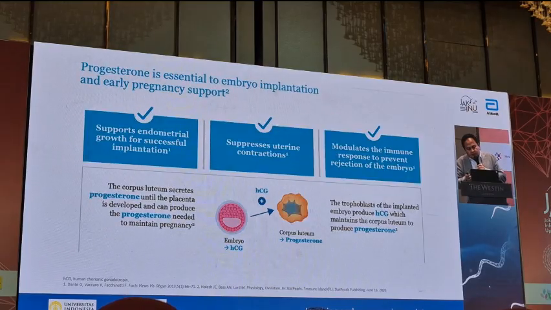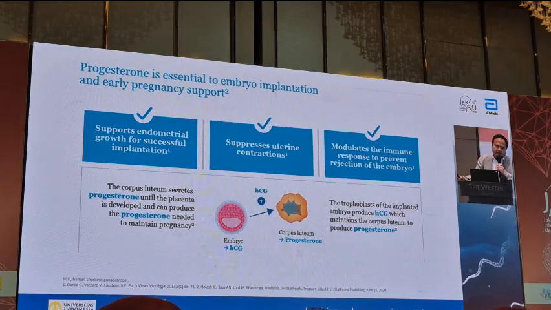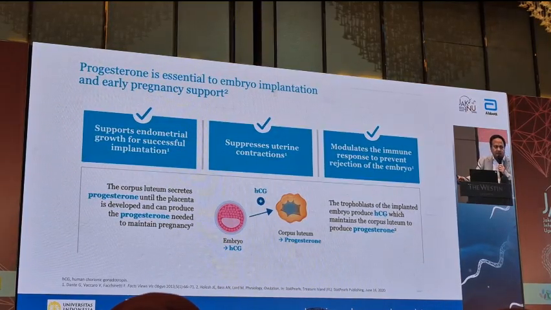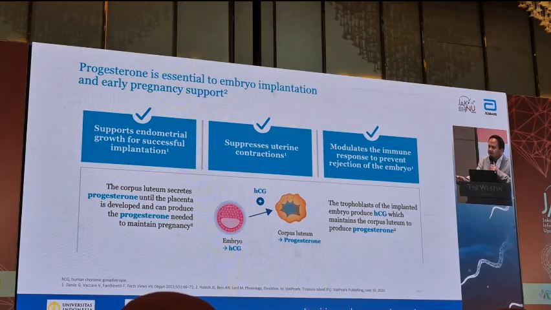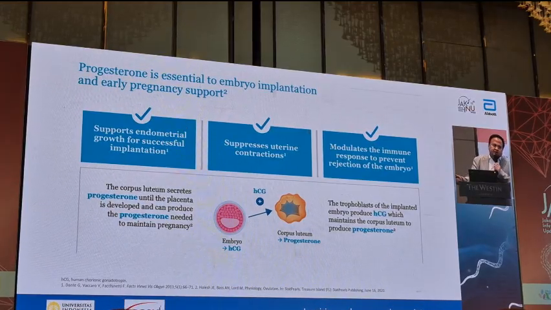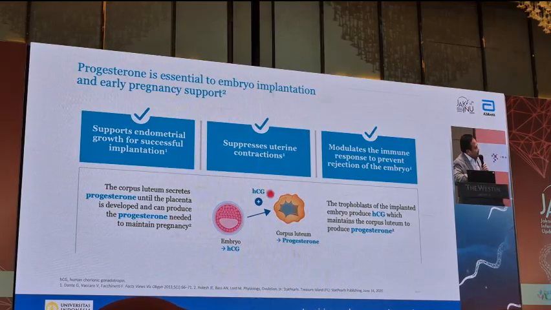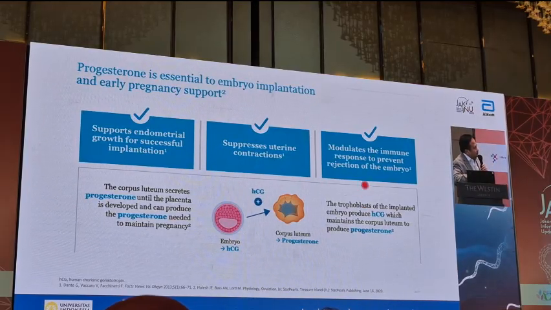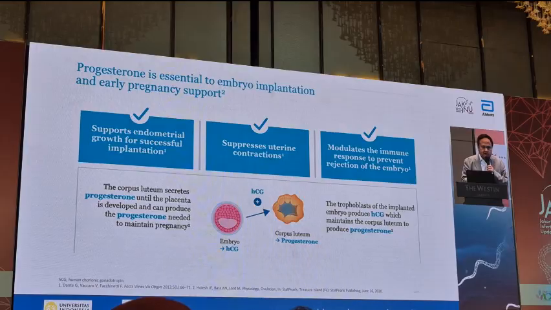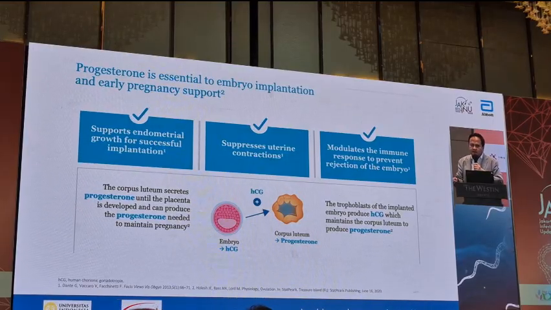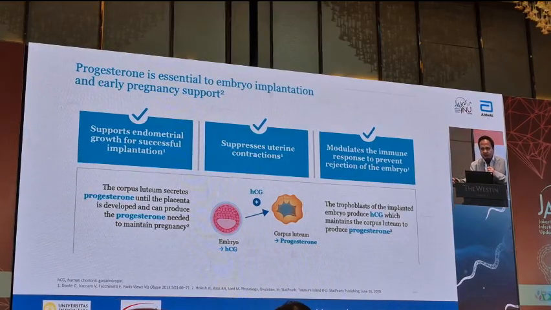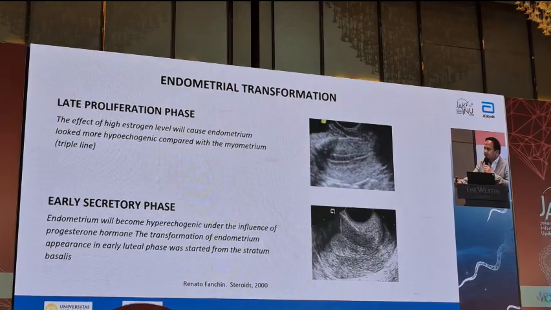So the role of progesterone is very important, as the previous speaker mentioned, starting from facilitating implantation and also supporting the corpus luteum, and then modulating the immune response, preventing rejection of the embryo. Dr. Kanadi mentioned the role of TH2 is very important during the implantation process.